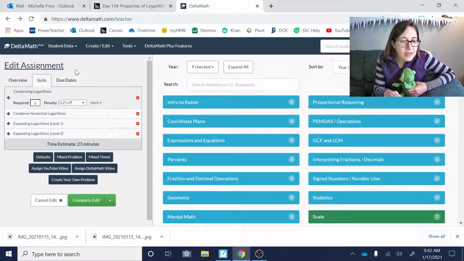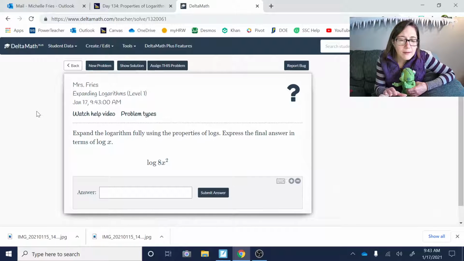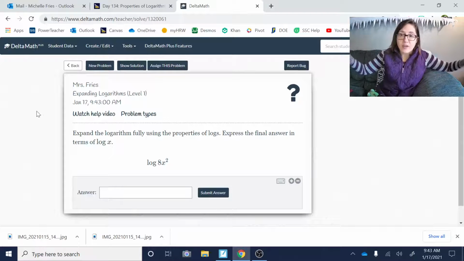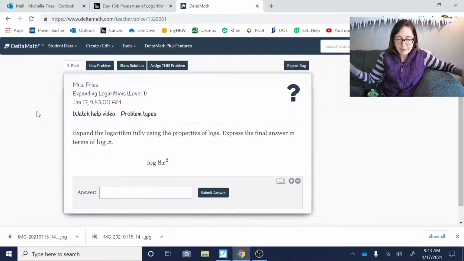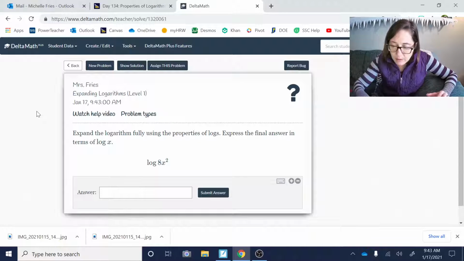Let's look at one of each of the types. So, expanding logarithms. We're going to take this thing apart. We can use these logarithm properties to put them together, or we can use them to take them apart. I have to do a screenshot real quick.